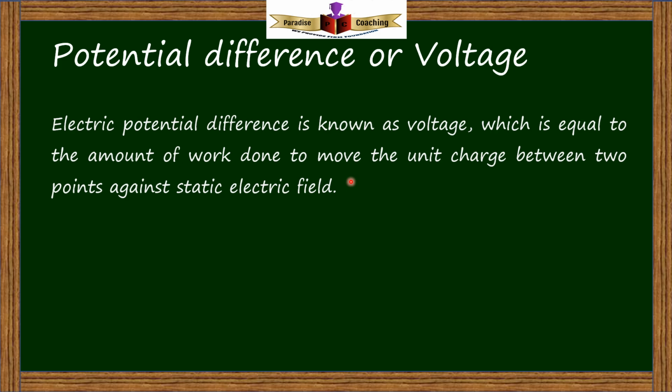Since electrons are moving from one point to another, naturally they are moving under the influence of the potential difference.